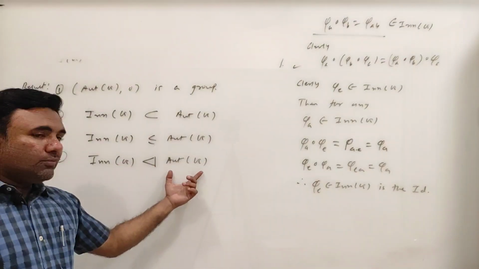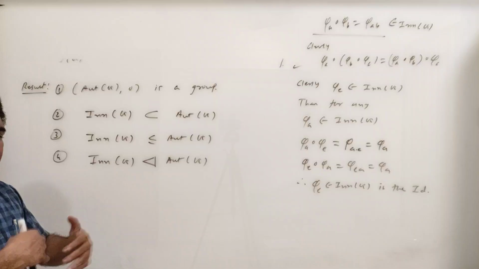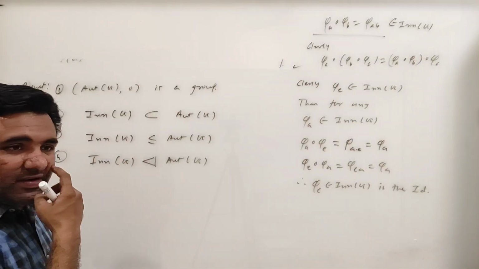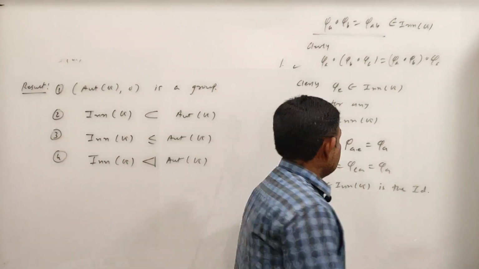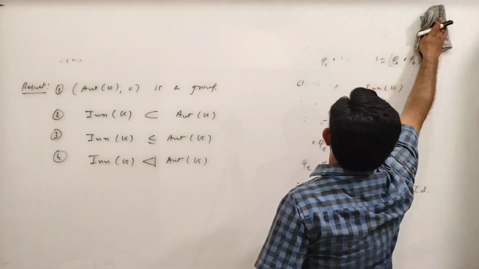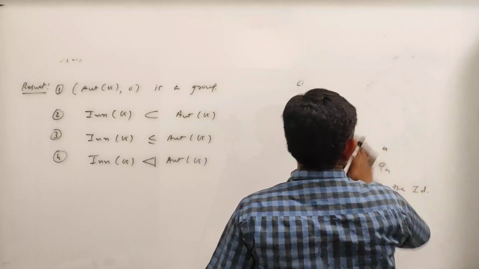So you take one element from here, one element from here, and you just consider that composition, and you saw that composition is in G. So let us complete this one also.